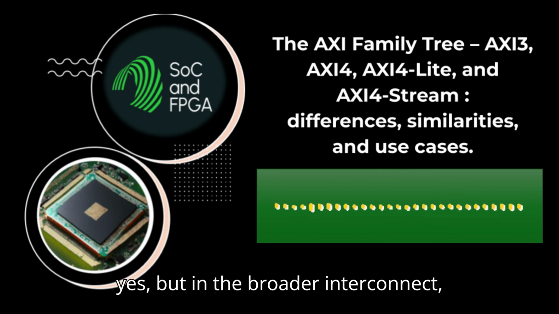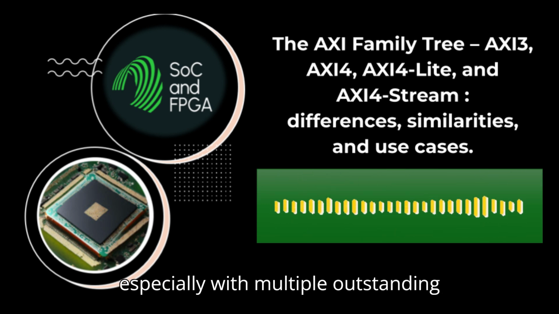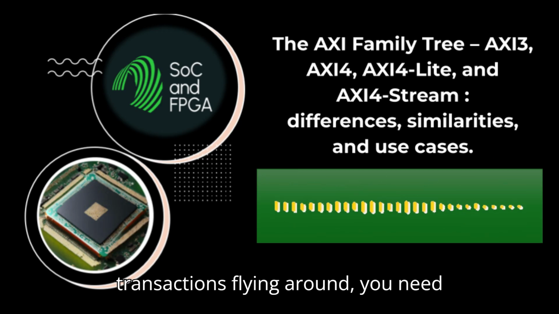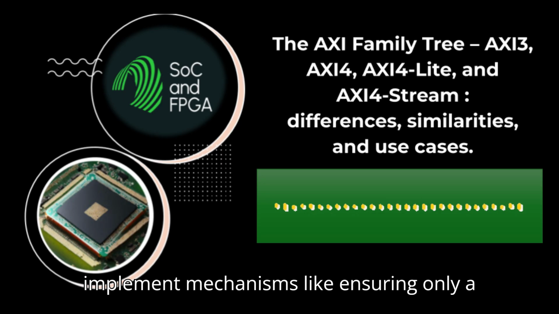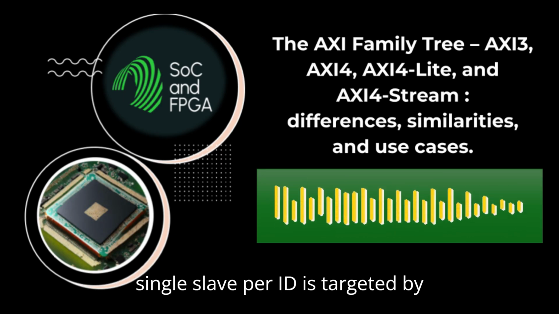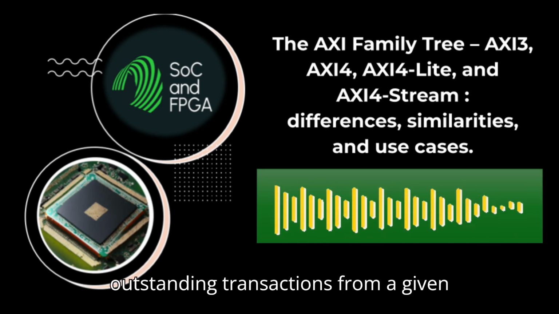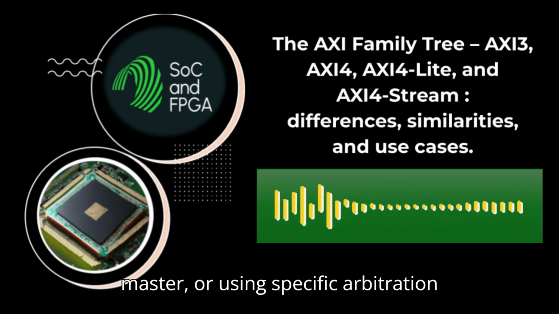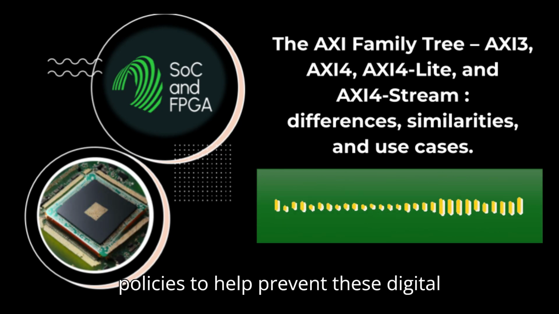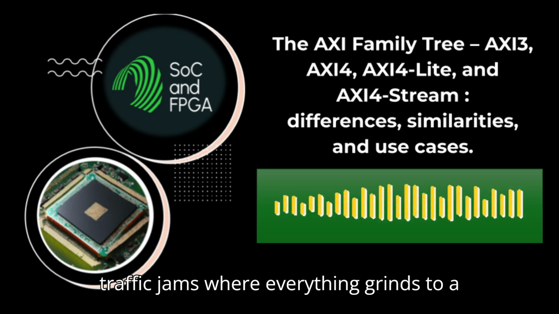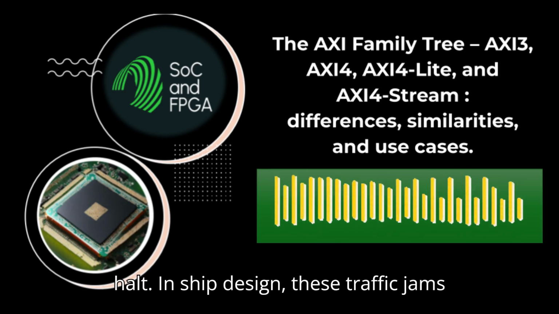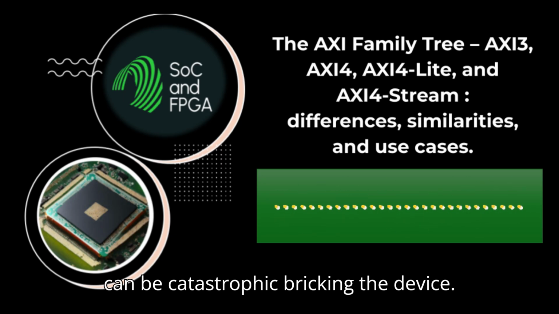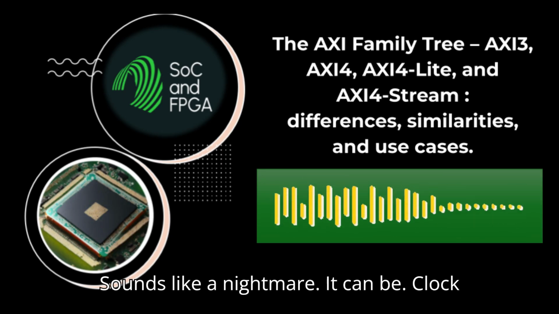Yes, but in the broader interconnect, especially with multiple outstanding transactions flying around, you need more. Interconnect fabrics often implement mechanisms like ensuring only a single slave per ID is targeted by outstanding transactions from a given master, or using specific arbitration policies to help prevent these digital traffic jams where everything grinds to a halt. In chip design, these traffic jams can be catastrophic, bricking the device. Sounds like a nightmare. It can be.